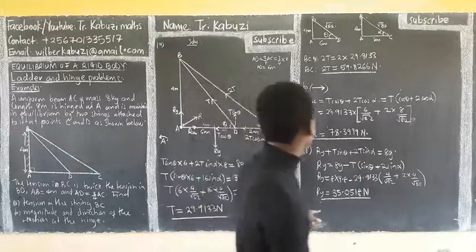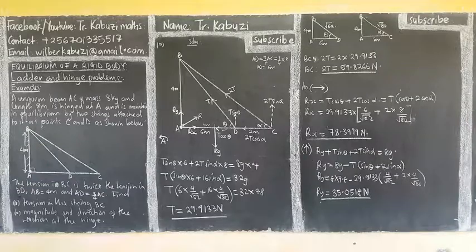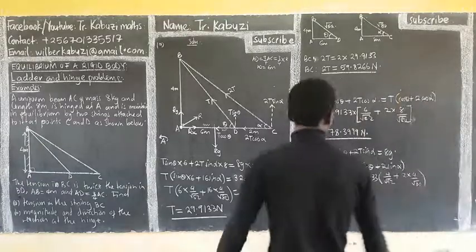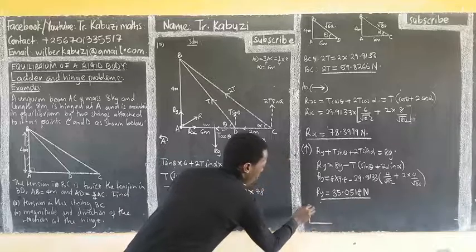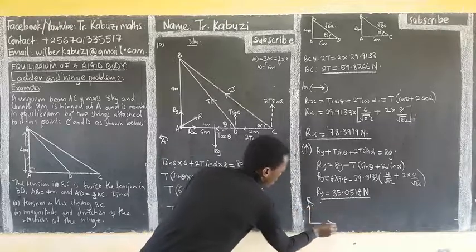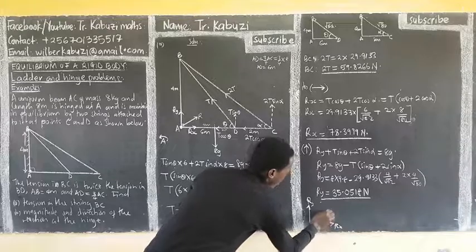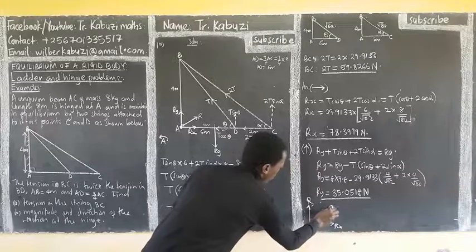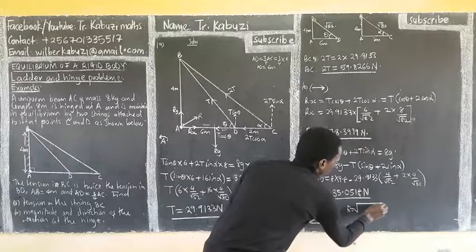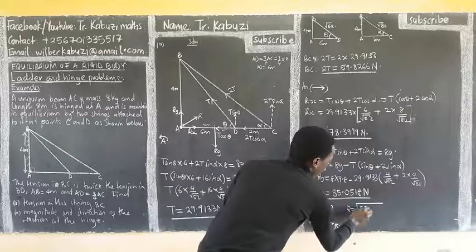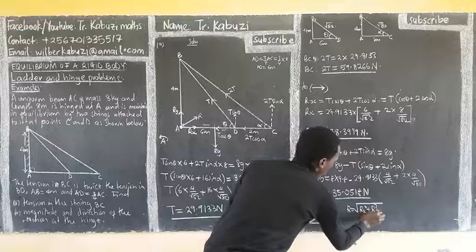Now, these ones are going to give us the reaction. You see that our reaction is given by this Ry and this Rx. This is going to be the reaction we are looking for. So our R is going to be the root of Rx squared plus Ry squared.